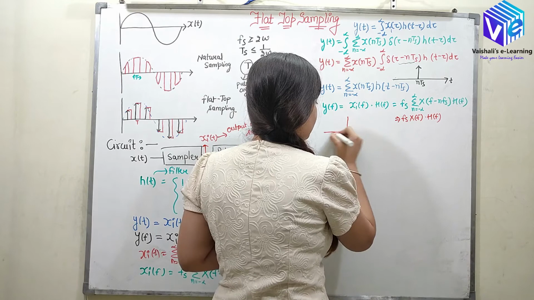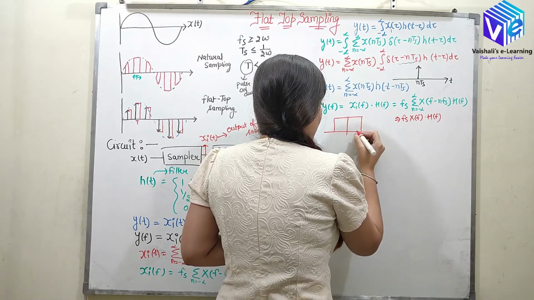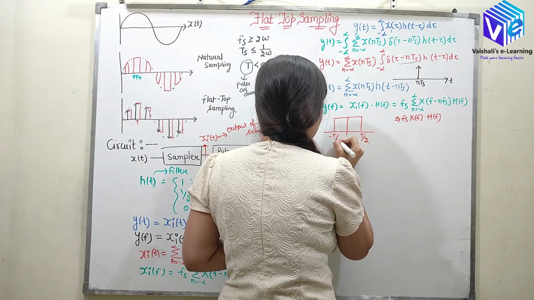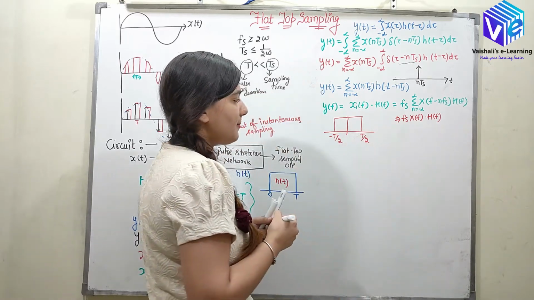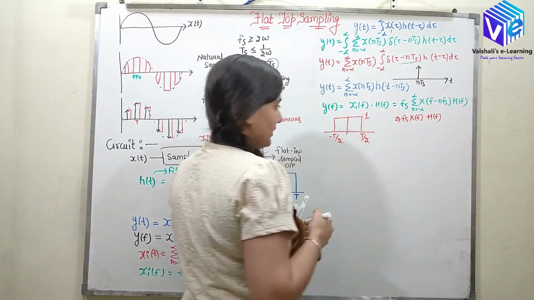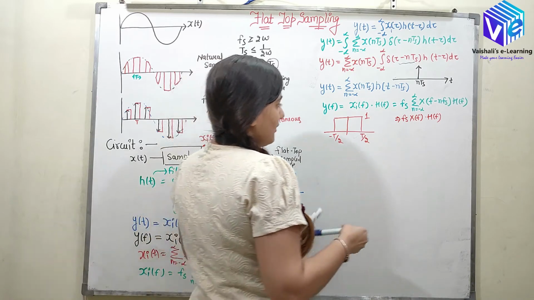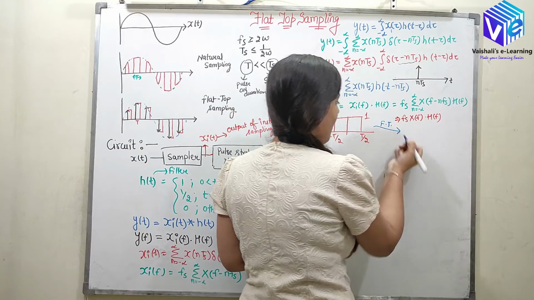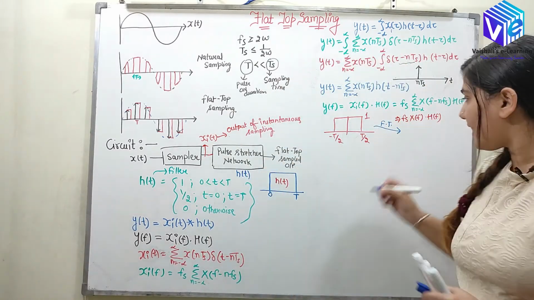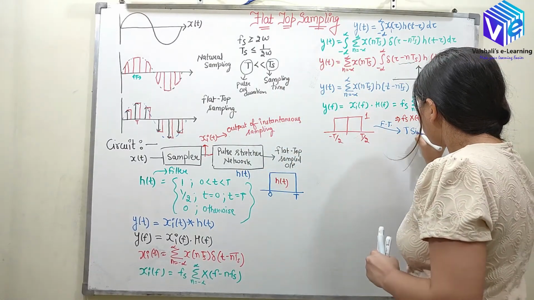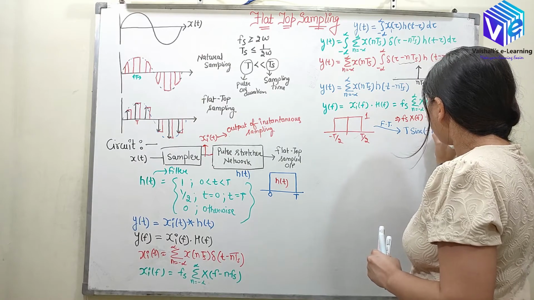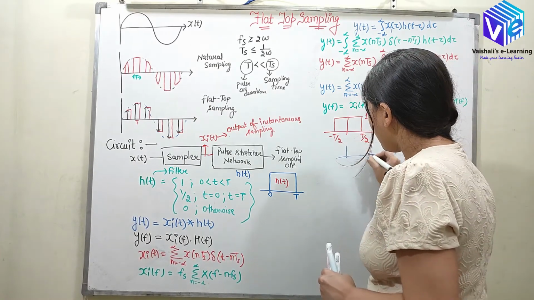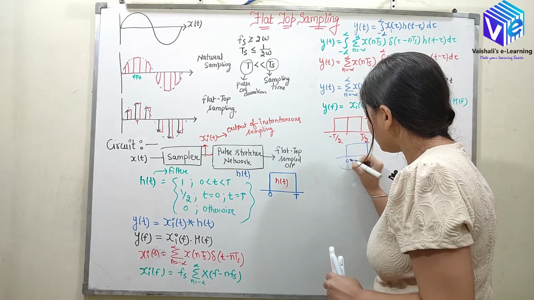If I am taking h of t from minus T by 2 to T by 2 and the amplitude is 1, then in the frequency domain, its Fourier transform can be represented as T sinc of fT. So now I can shift it and I can write it like this.